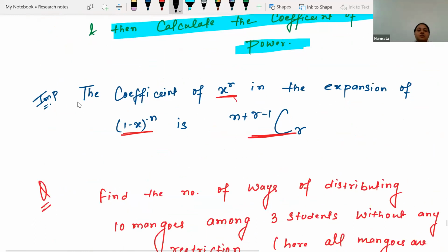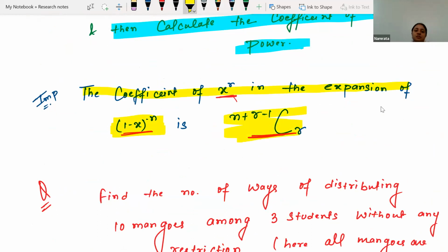In the very beginning, I told you to keep in mind one important formula: the coefficient of x to the power r in the expansion of this type of term is this one. Can you see? Yes, ma'am. There we have 1 minus x to the power minus 3, right?